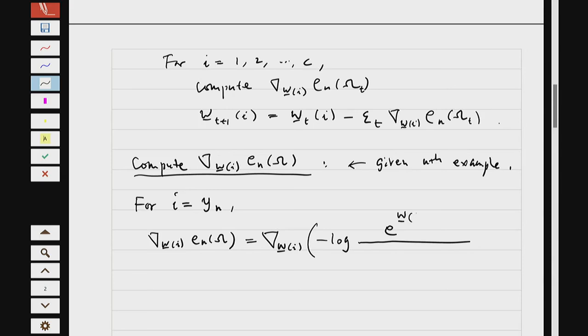Now I can replace it by y_n; I should have put i there, but because i is equal to y_n in this case, I substitute y_n inside, divided by the sum over j equals 1 to C of e to the w_j transpose x_n.